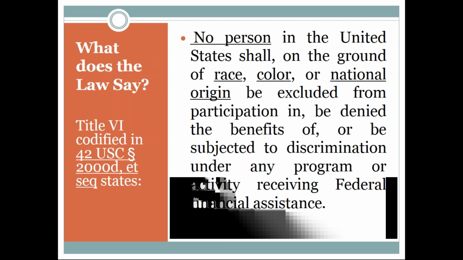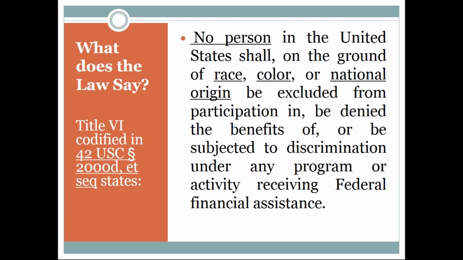So here is the text of the law. This is exactly how the law reads. No person in the United States shall, on the ground of race, color, or national origin, be excluded from participation in, be denied the benefits of, or be subjected to any discrimination under any program or activity receiving federal financial assistance.